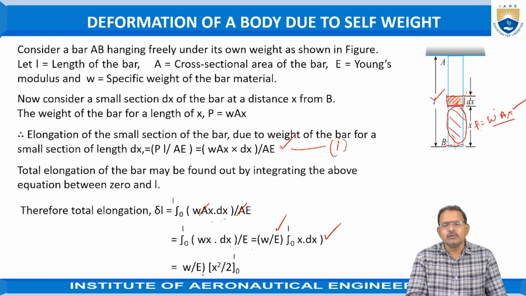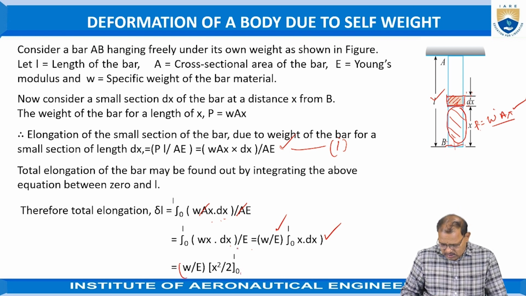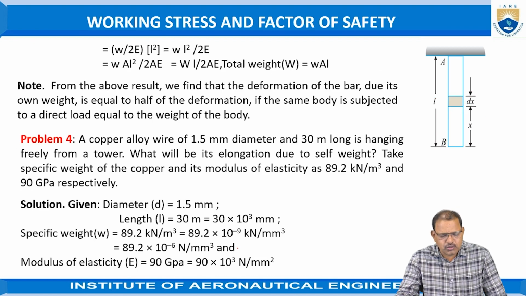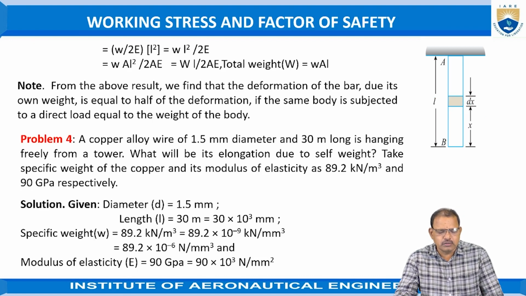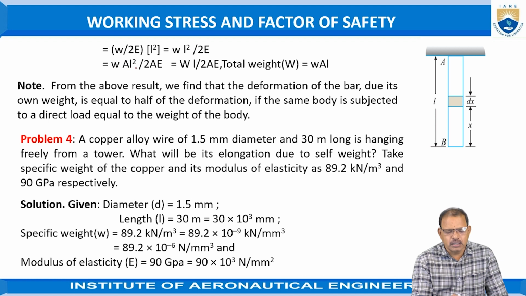On integration we get w by E into x square by 2, with limits from 0 to L. So finally we get w by 2E into L square, or wL square by 2E. Multiplying the numerator and denominator by A, we get wAL square divided by 2AE.